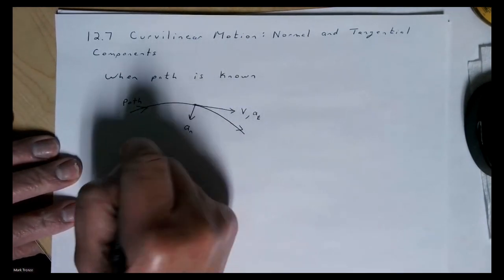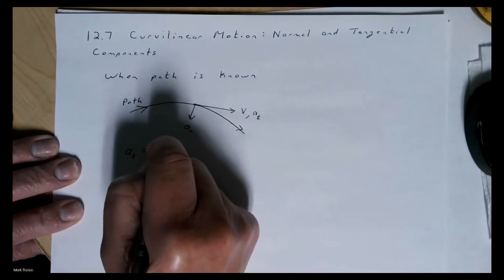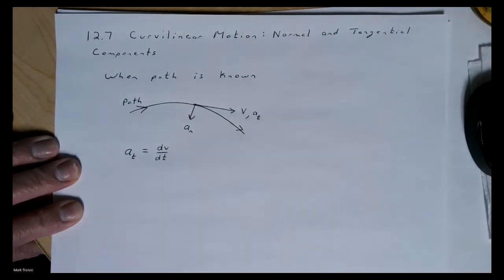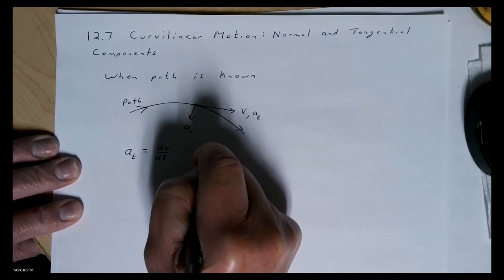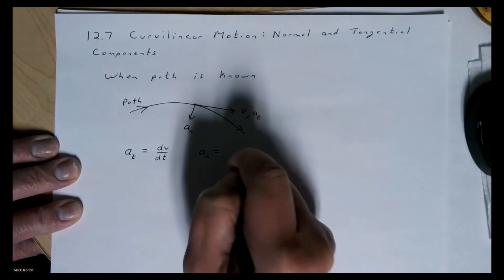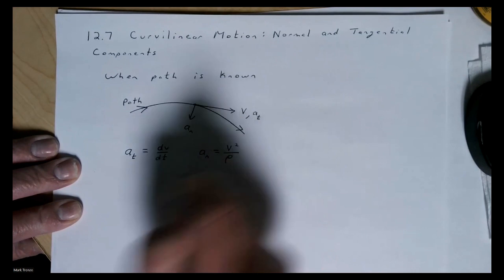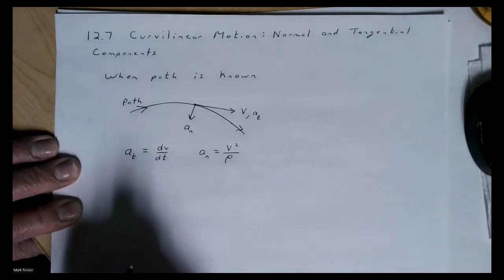And the tangential acceleration is, of course, simply going to be the derivative of the velocity with respect to time. And the normal acceleration is going to be that tangential velocity squared divided by rho. And rho is the radius of curvature of the path at the point under consideration.